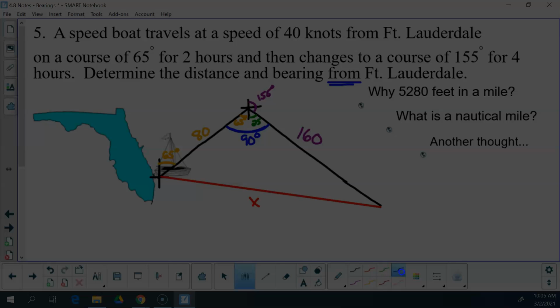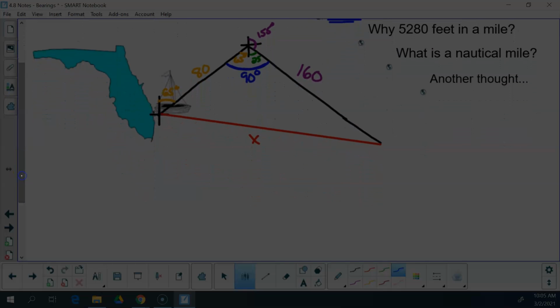Right triangles. Okay? So how would I go about finding X? One way to find X. I don't care which way. Pythagorean theorem. Love it. Okay? We can do Pythagorean theorem on it. So is X the hypotenuse? Yeah.